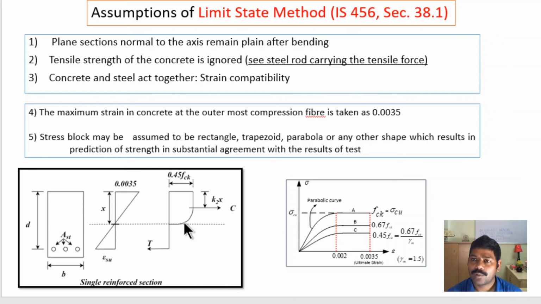Instead of the triangular one we observe in the working stress method, it can be rectangular, parabola or any other shape which satisfies your experimental testing. Most of the cases you will find we assume initially it is rectangular then parabola. We will observe that in most cases one main job will be to find this value K2x. What is the value of K2? We will find that it is a major job in designing also.